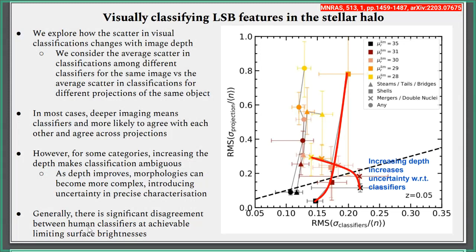You can see the color coding here shows different limiting surface brightnesses, and as we go to fainter limiting surface brightnesses, the disagreement generally improves quite a lot.